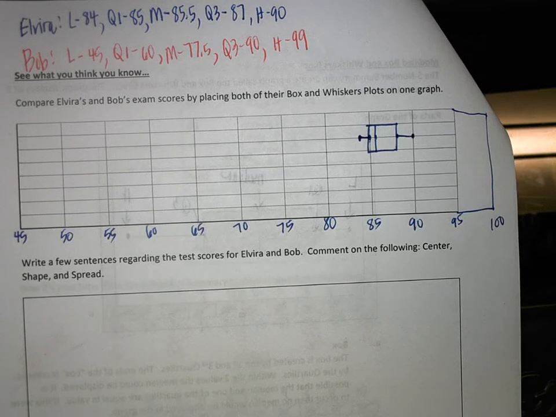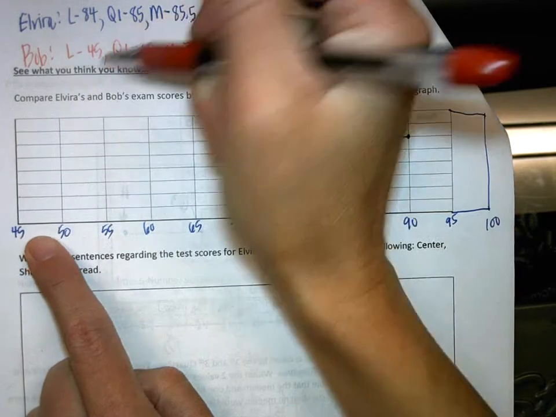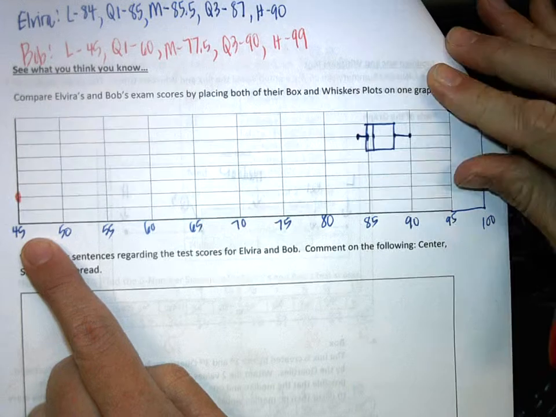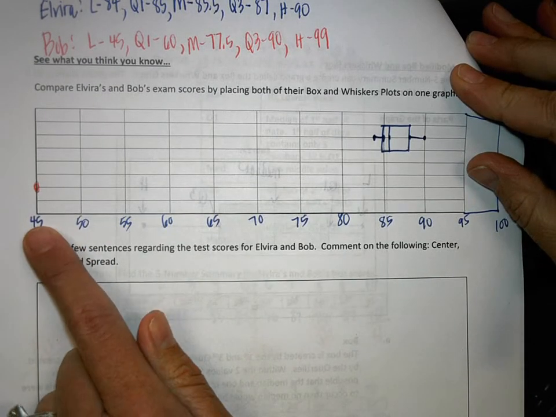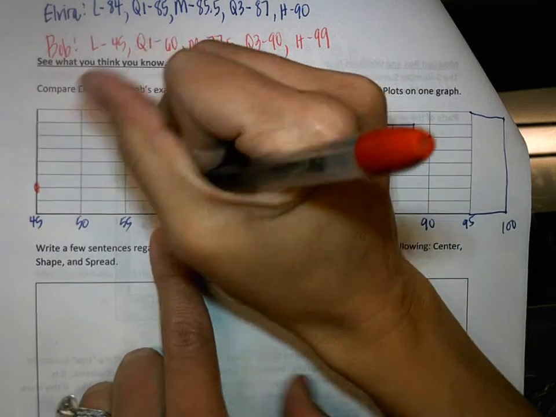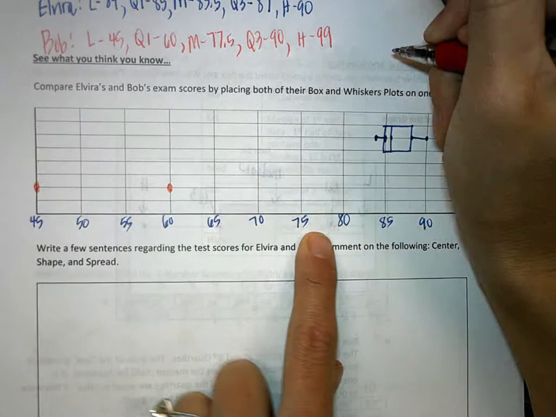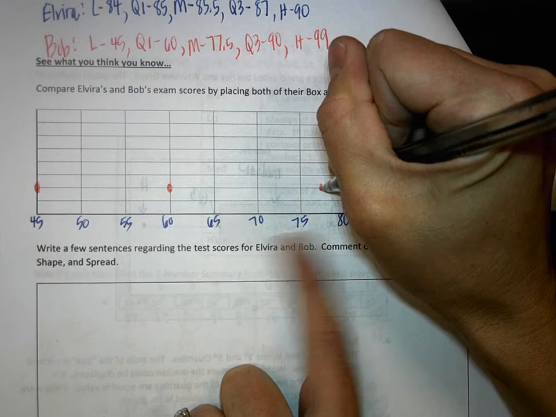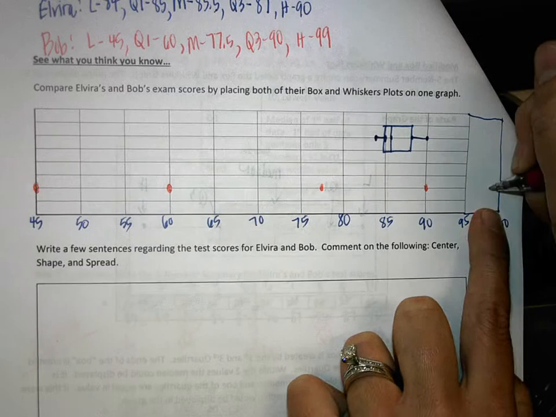Okay, Bob. So I'm just going to go up like 2 from the bottom here now for Bob's. His low is 45, so we're just going to go through and plot each of these points for Bob's data as well. And so then the next point is at 60. And then the median is 77.5, so that's about right here. And then we have 90, and then we have 99 way over here.